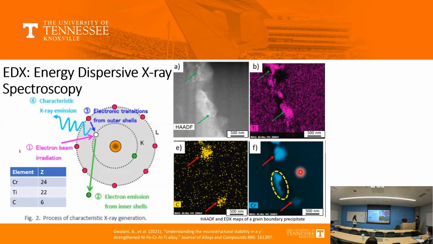It's pretty evenly distributed, whereas the titanium is more concentrated because gamma prime forms these titanium-rich precipitates. This is relatively zoomed out here with that 500 nanometer scale bar, but I'm including this to illustrate that by combining these techniques, you start to pick apart structurally what's happening here.